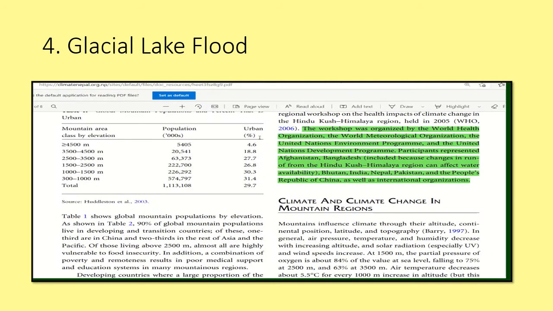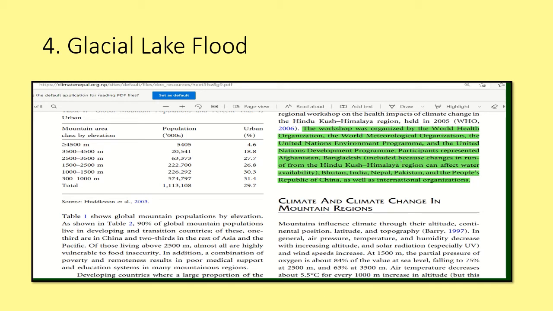Now, what are the consequences of glacial retreat or glacial melting, especially in the case of Hindu Kush and Himalaya? The workshop was organized by the World Health Organization and the World Meteorological Organization.